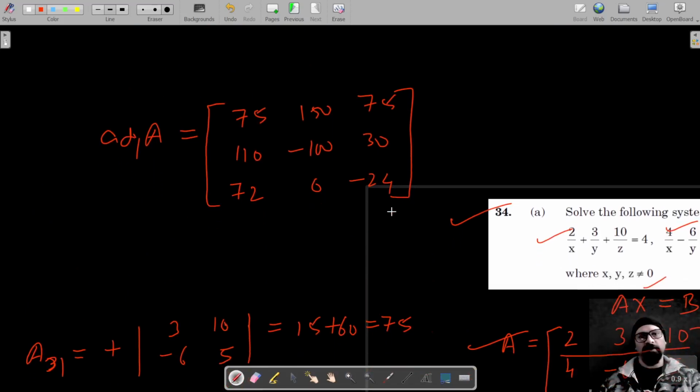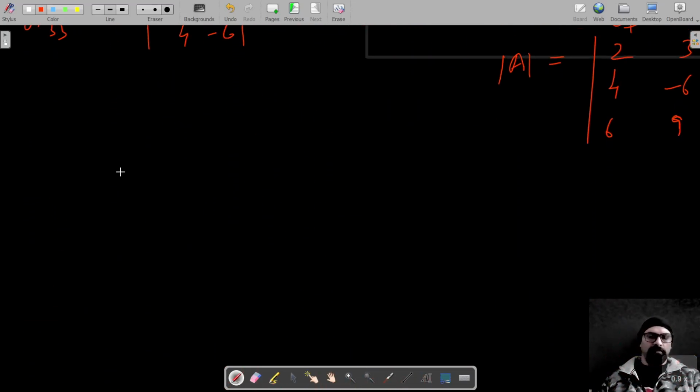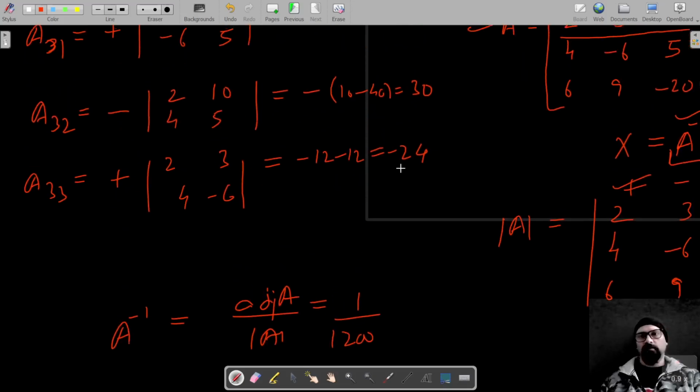This is the adjoint of A. 75, 30, and negative 24. Okay, so let's find out A inverse now. So A inverse is adjoint of A divided by determinant of A. So adjoint of A is 1 by 1200.